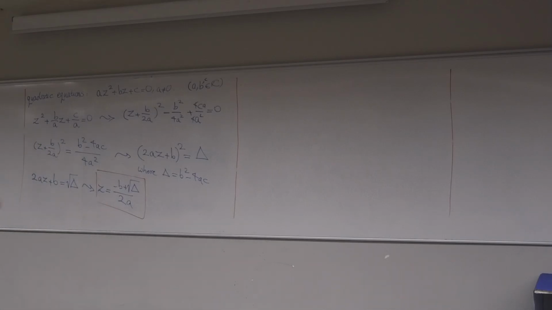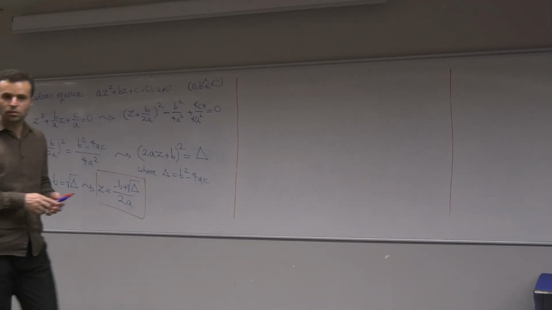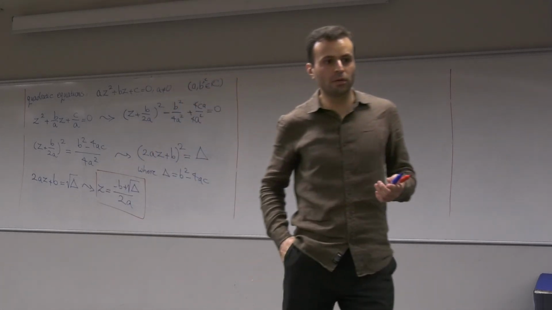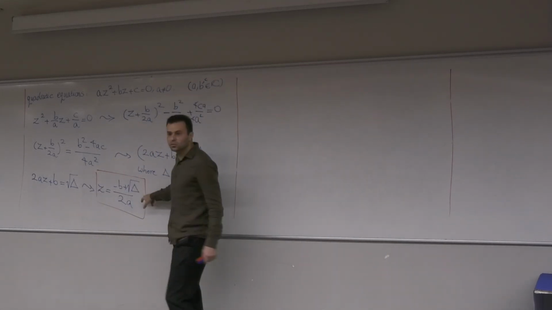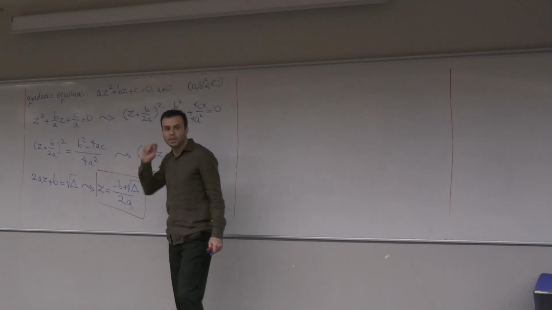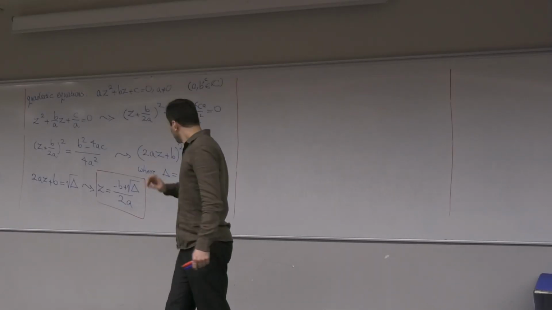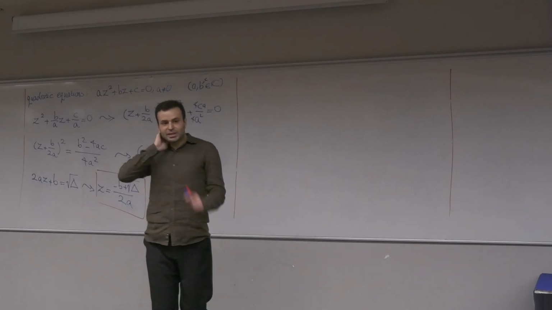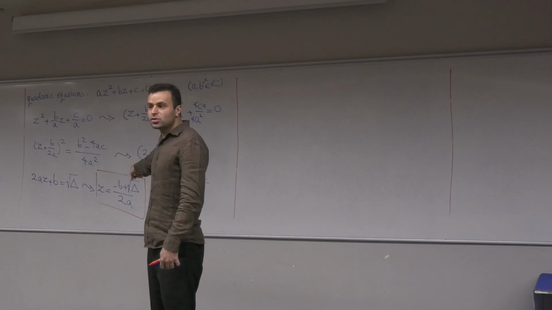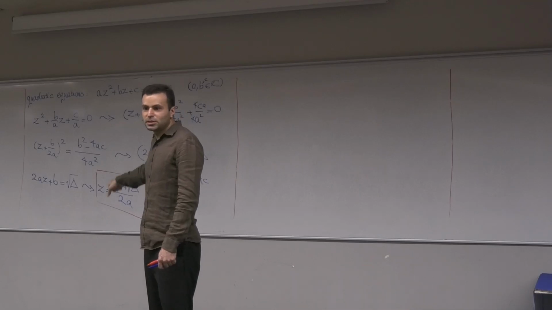Okay. How many roots do you see here? 1 or 2? Where is the second one? There's a negative one. No, not plus, minus. I have just written it as a plus. But I'm claiming that we actually see 2 roots over there.